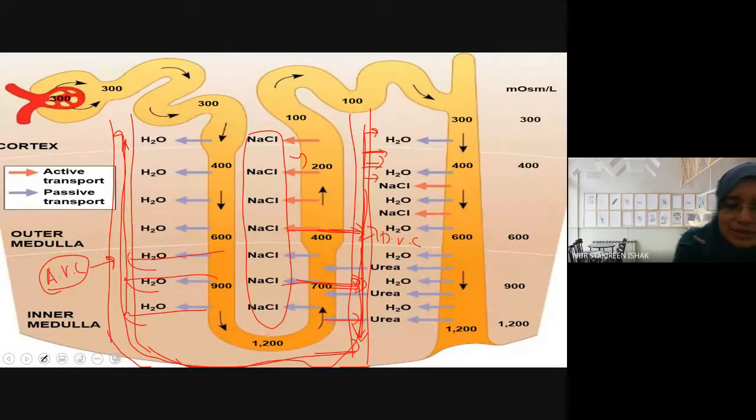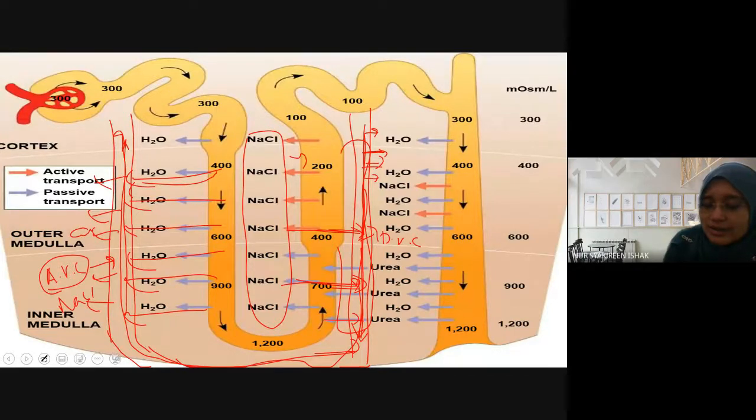Sebab bila dia lalu dekat sebelah descending limb of loop of Henle, akan berlaku reabsorption of water. Salt yang dia absorb dekat region ni tadi kan, so dia akan keluarkan balik. Faham? Dia akan keluarkan balik salt tu. So this will maintain and make sure that the sodium chloride concentration is high, especially in the inner medulla region.